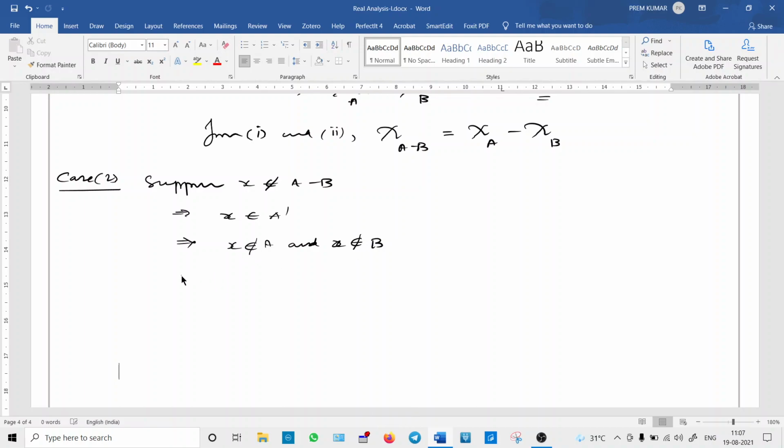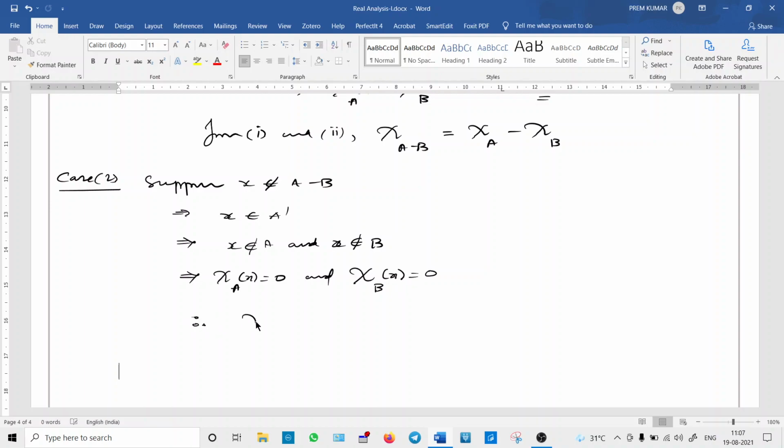Not an element of B. So if X is not an element of A, the characteristic function of A at X is equal to 0, and if X is not in B, the characteristic function of B at X is also 0.